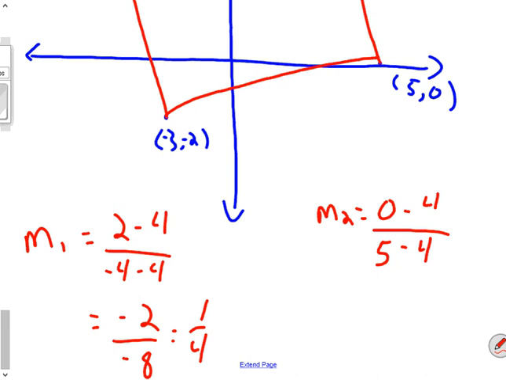No, it has to look like this, Chloe. Negative 4 take away negative 4, but since it was negative 4 take away positive 4, yeah. That one's 1 over 4. This guy here, negative 4 over 1. So these are flipped and they're opposite signs, negative reciprocals. So yes, it is.